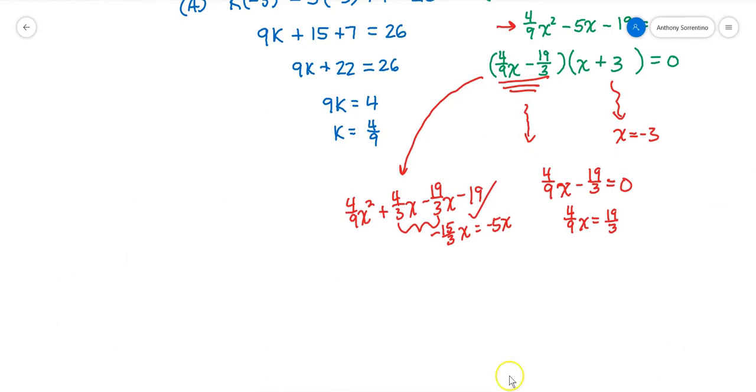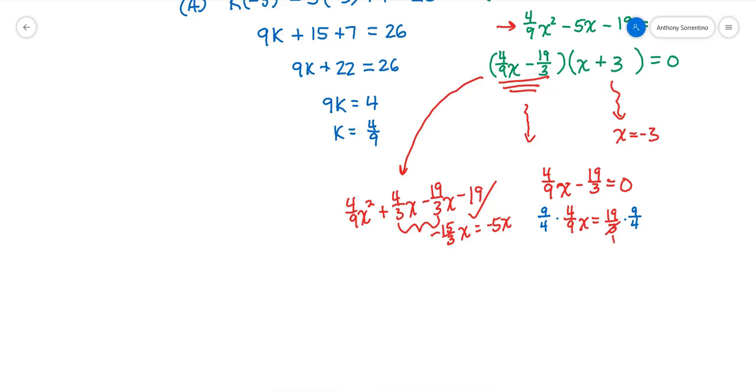As far as the rest of it goes, I could recognize I'm multiplying by 4 and dividing by 9 and do it in separate steps. If I'm comfortable with my fractions, I recognize that multiplying by 9/4, the reciprocal, is the same thing as dividing, and that would make the 4/9 go away. So I'm going to multiply this by 9/4 as well. I get some cancellations occurring with that.